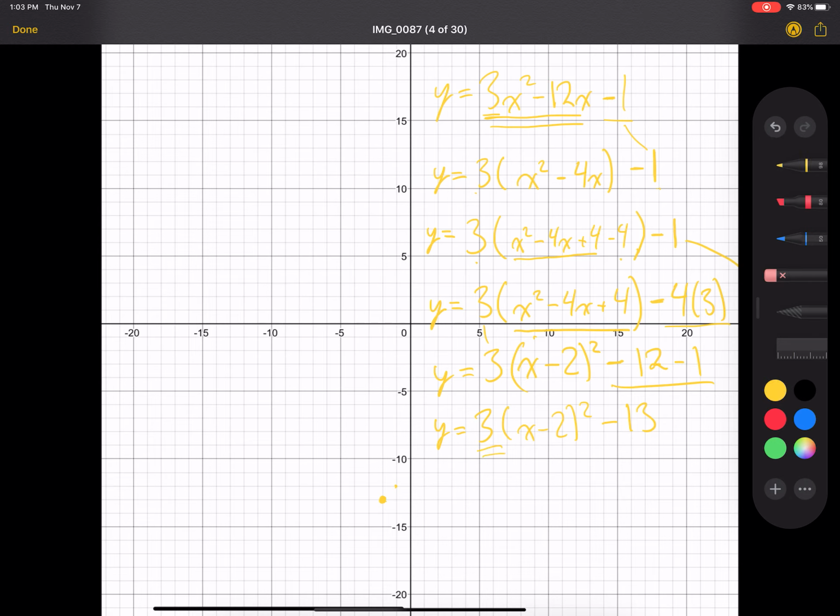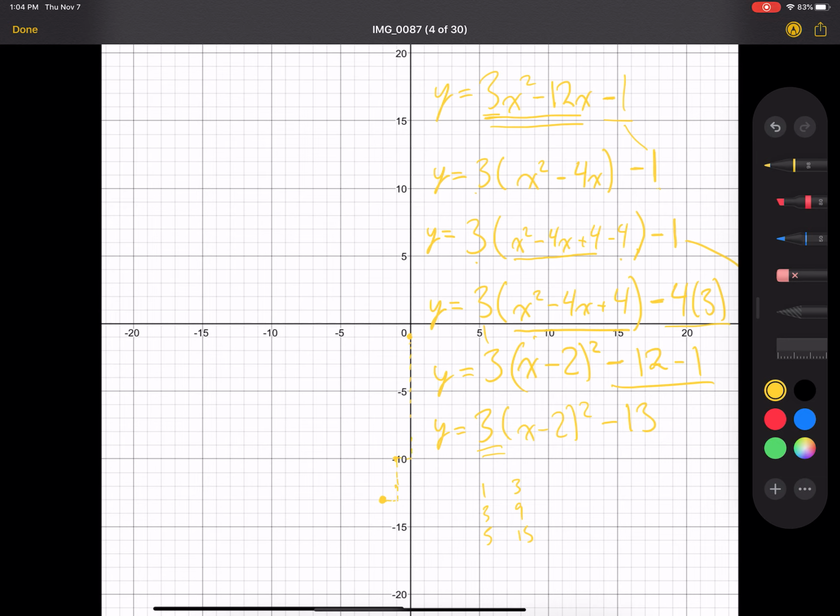It changes. So instead of 1, 3, 5, it's multiplied by 3. It's 3, 9, 15. So my first step is 3. Oops, up here. Let's erase that. And my next point is 15.